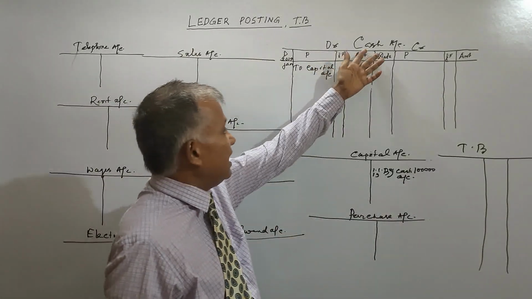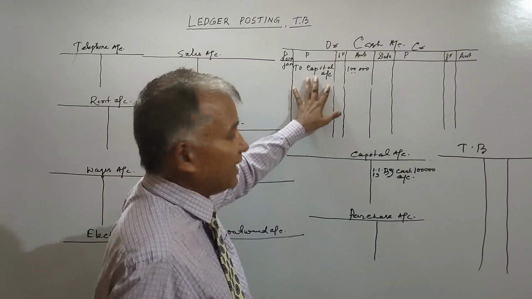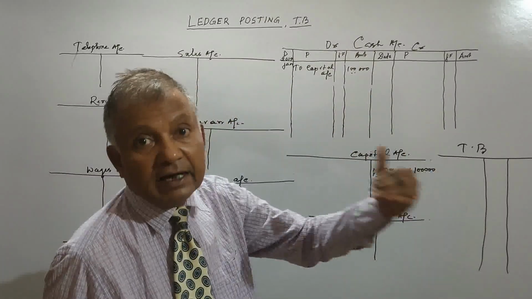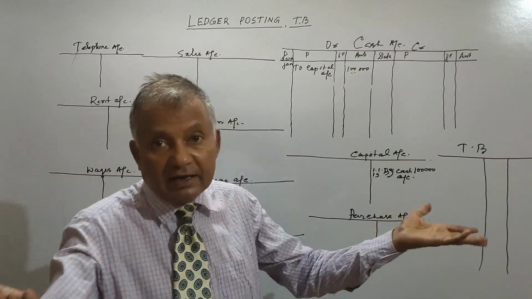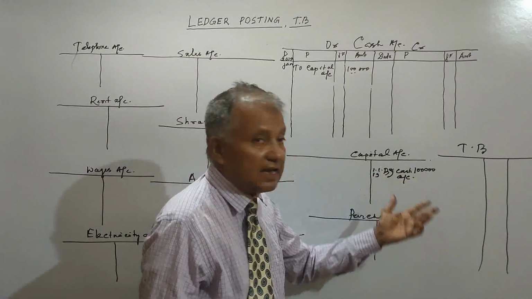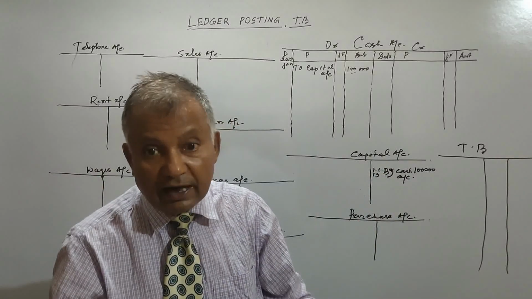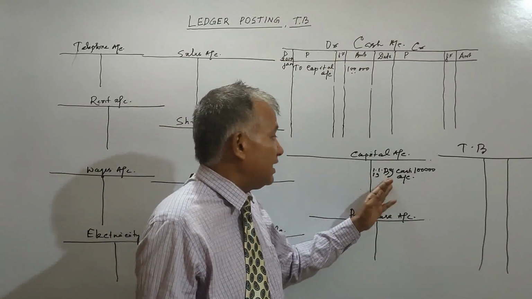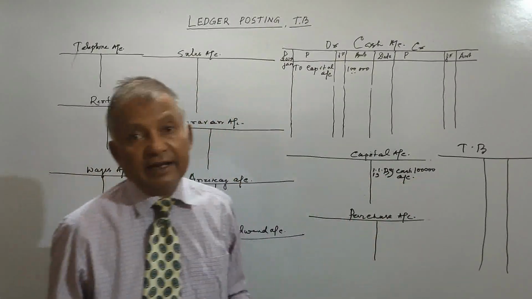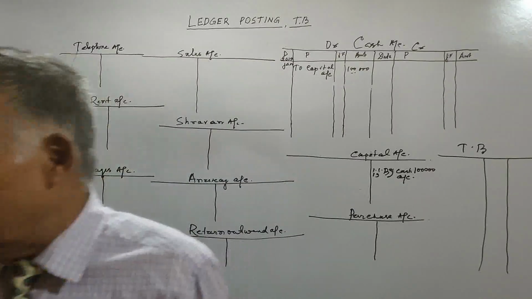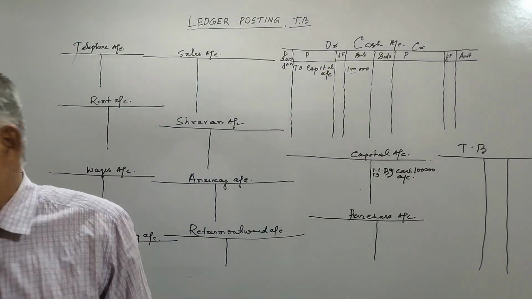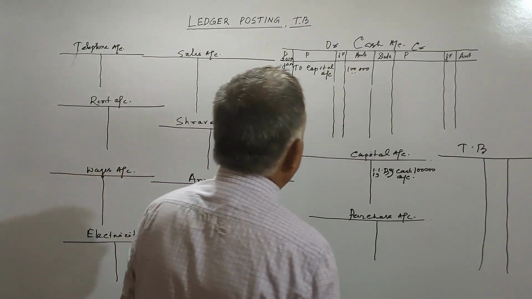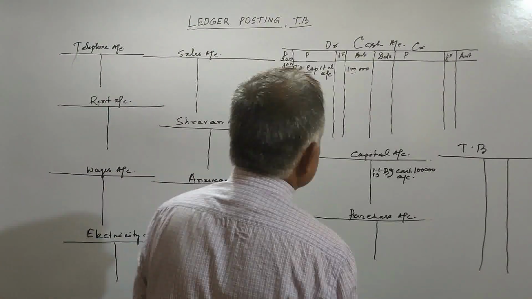In the cash account we will not write the cash, we will write the other account, that is capital. In capital, which is credit, go to the credit side and don't write capital, write the other account, cash. Then it is over.